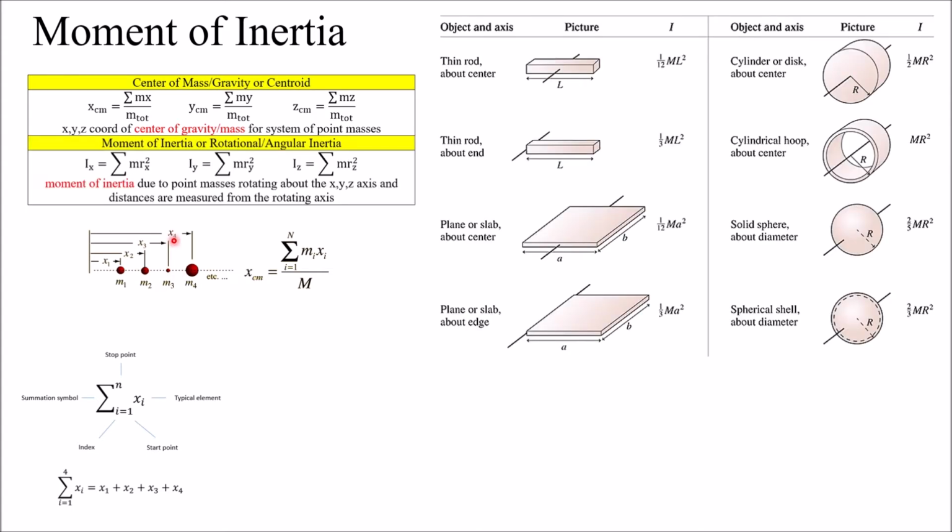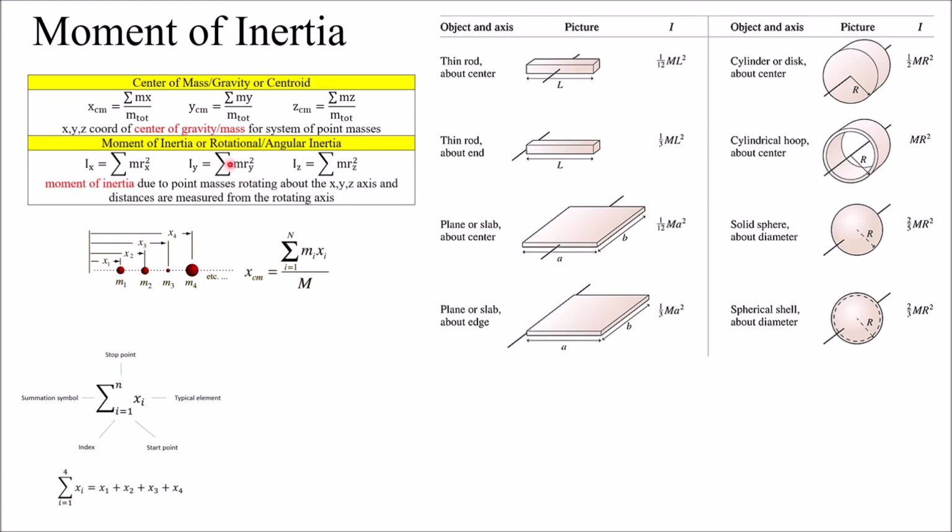So that's the basic idea of center of mass, is we're combining different masses together potentially to get us to a total mass where we have some center of mass that's basically representing all of the mass. And so we apply this idea as well to the moment of inertia, or rotational or angular inertia.